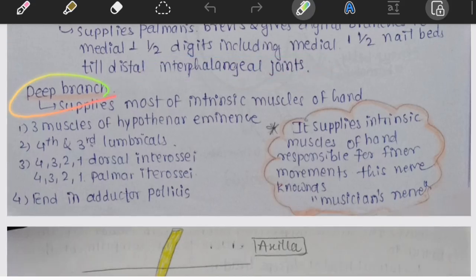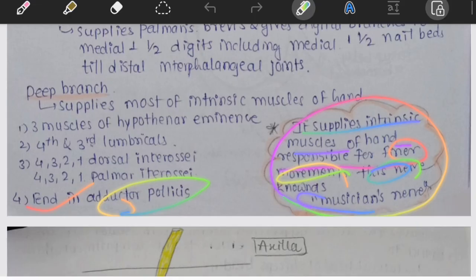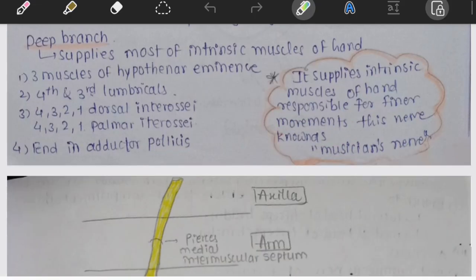Then the deep branch supplies most intrinsic muscles of the hand: the three muscles of the hypothenar eminence, the fourth and third lumbricals, the four dorsal and three palmar interossei, and the adductor pollicis. It supplies the intrinsic muscles responsible for finer movements, hence it is also known as the musician's nerve.